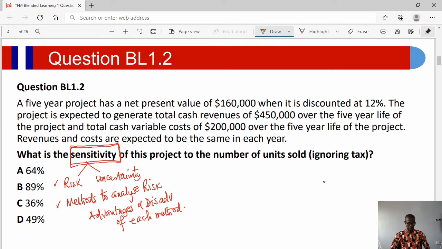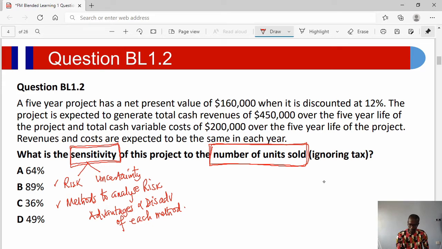So here, what is the sensitivity of this project to the number of units sold? Sensitivity to number of units sold, because it could be sensitivity to revenue, sensitivity to fixed cost, sensitivity to tax, cost of capital, but this one is sensitivity to number of units sold.